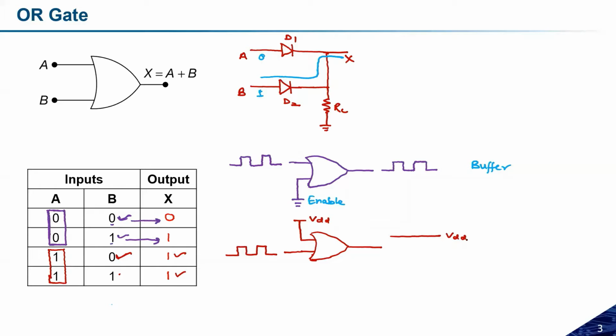The output will always be VDD, not grounded. So there is no change in the output. This will be maintained. The output will always be logic 1 or VDD. So this is what we can call the inhibit signal. We are inhibiting the logic to high.